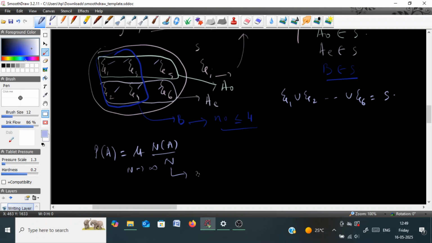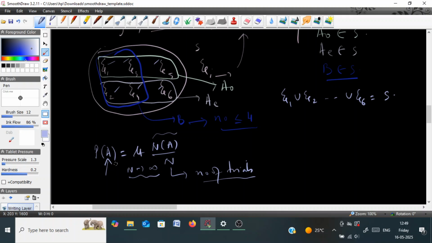N is the number of trials, the number of times you have conducted this experiment, and NA is the number of times this event A occurs. So the probability of event A is simply the number of times the event occurs divided by the total number of trials, with the condition that N is sufficiently large. Theoretically, N approaches infinity. This is how we define the probability of an event A.